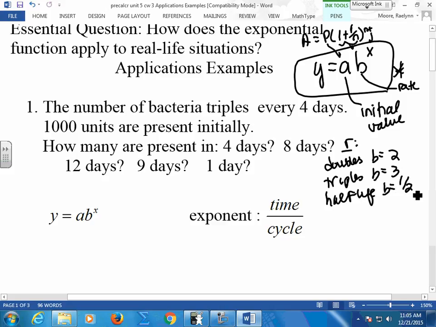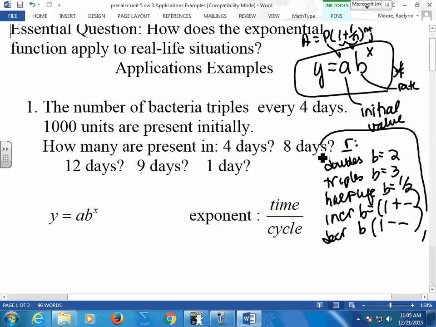If something like a population increases, if they give us an increase, then B is going to say 1 plus something. Write these down because these are all the cases you're going to see. I didn't have this sheet, so we're just kind of writing notes right now. If it decreases, it's going to say 1 minus something.